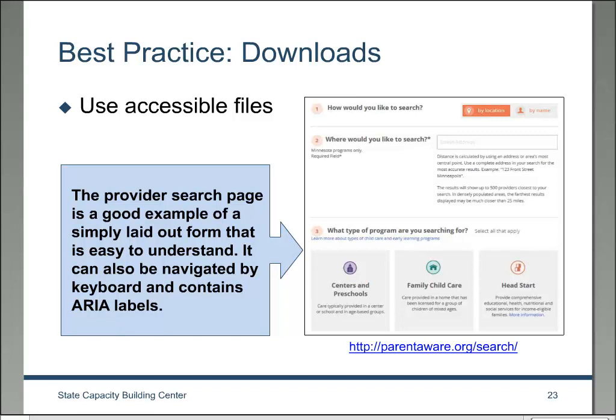In terms of downloads, I apologize for the slide because it doesn't seem to illustrate the point. But the point is, when you provide file downloads, make sure that the files you're providing are accessible. Microsoft Word, PowerPoint, and PDFs can all be made accessible and readable to screen readers.